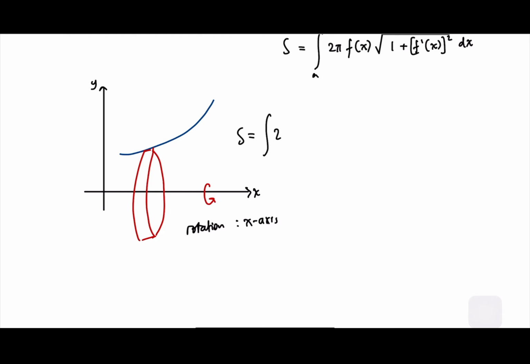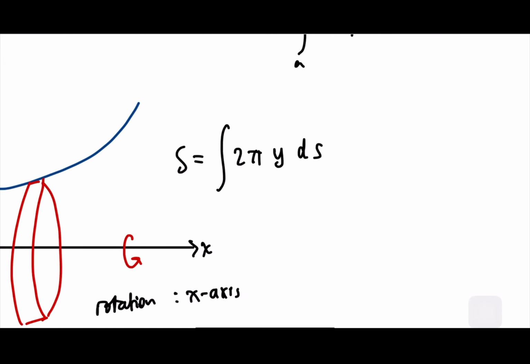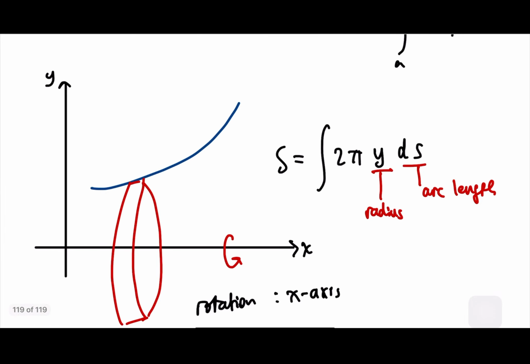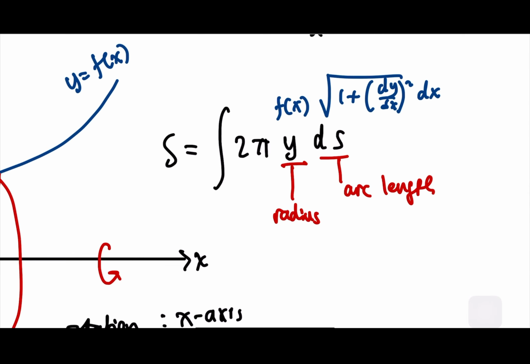The surface area becomes 2 pi y and then ds. This is the radius. This is the arc length. This is y equal f of x. So this will be f of x, and your ds will be square root of 1 plus (dy/dx) squared dx. So automatically, this ds will be converted into a dx.